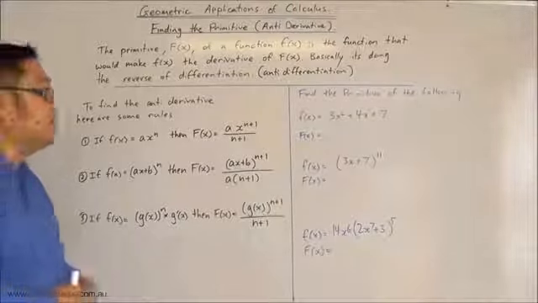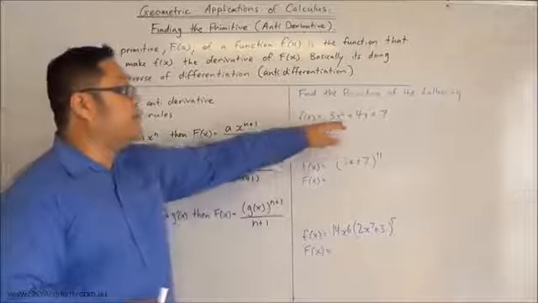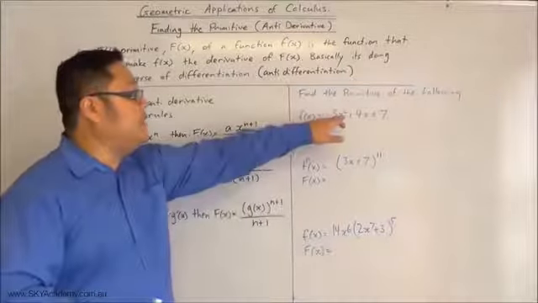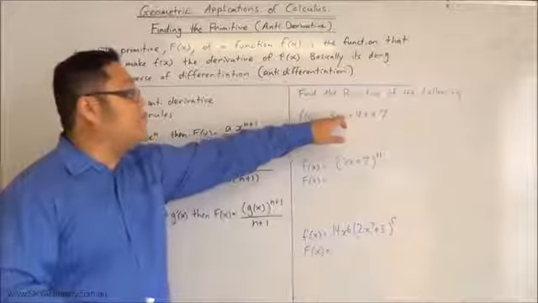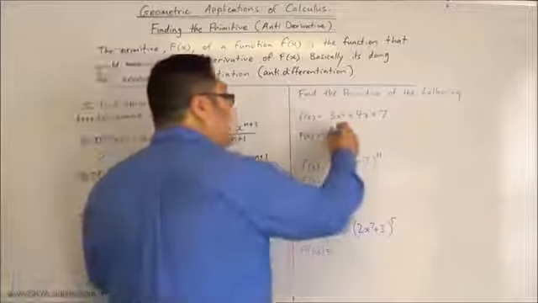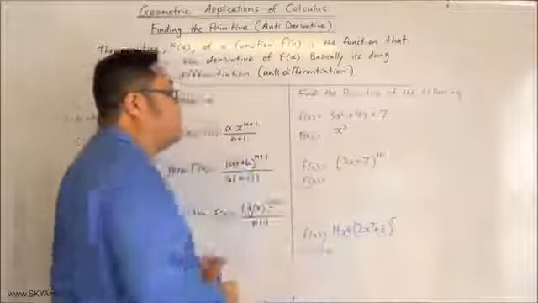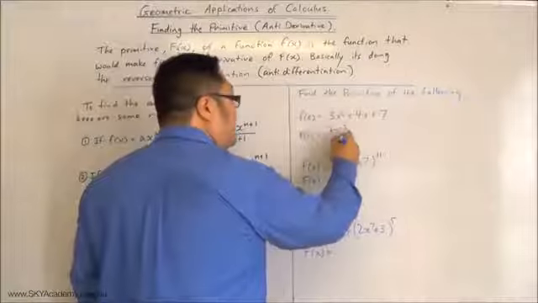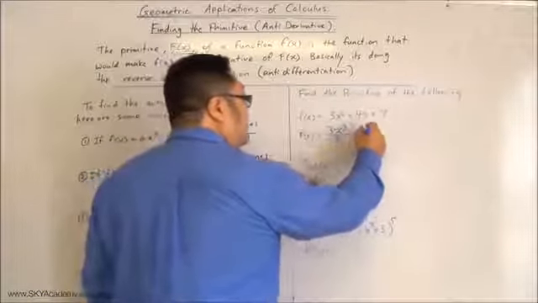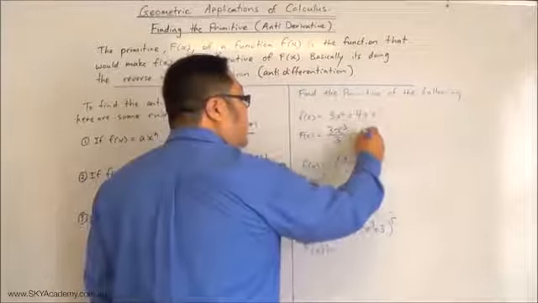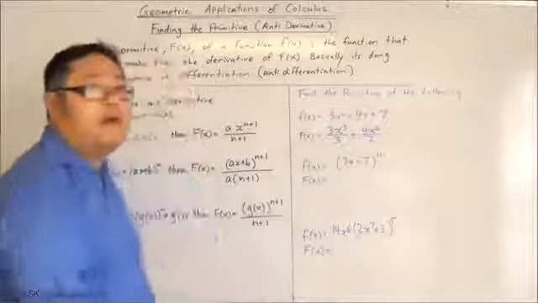The first example is 3x squared plus 4x plus 7. What we're doing is raising each power by 1. So if we raise this power by 1, we end up with x cubed, and then we're dividing by the new power, so 3 on 3, plus 4x, and we're raising that power by 1, which is squared, and dividing by the new power.